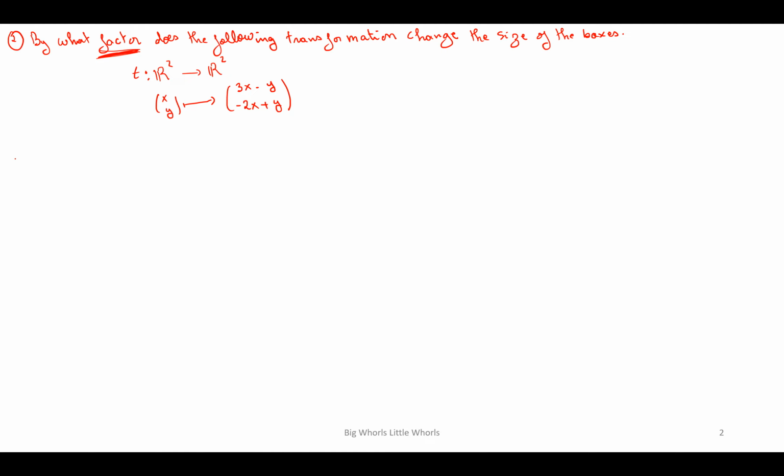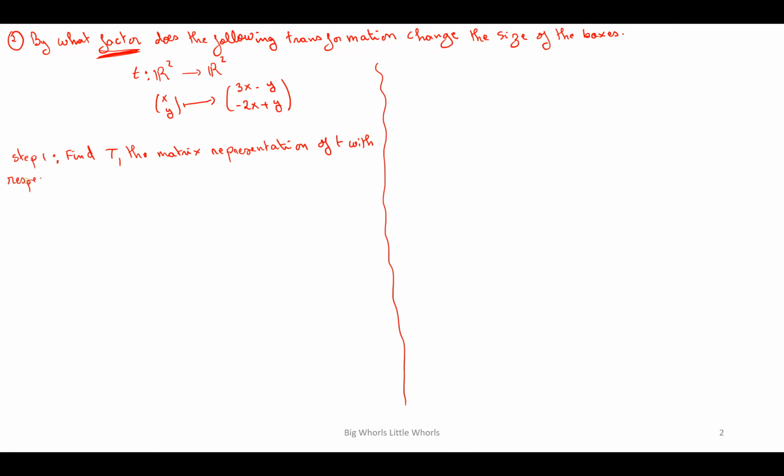So step 1: find the matrix representation of T with respect to the standard basis.